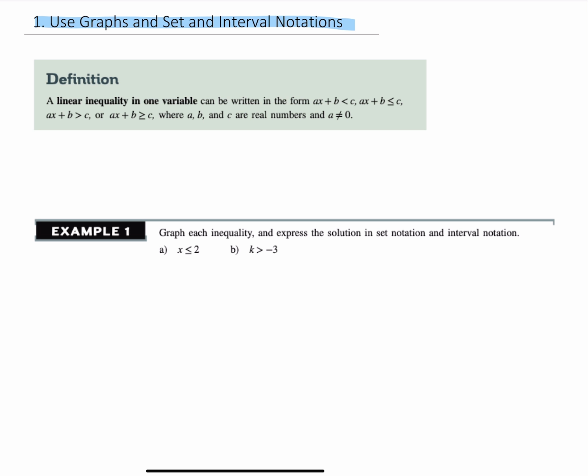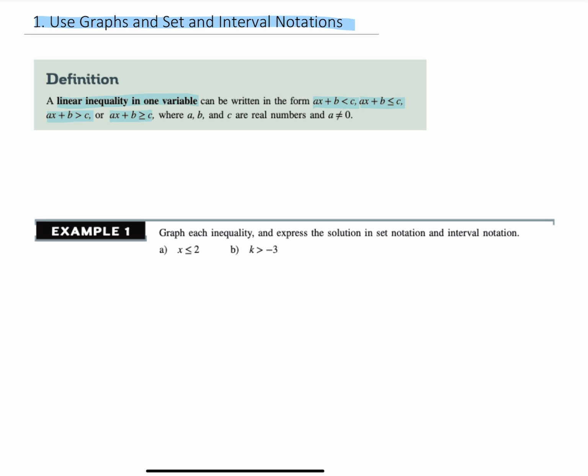A linear inequality, and we're still in one variable, looks something like ax plus b is less than c. This next one would read ax plus b is less than or equal to c. Ax plus b is greater than c, or ax plus b is greater than or equal to c, where a, b, and c are just some numbers.